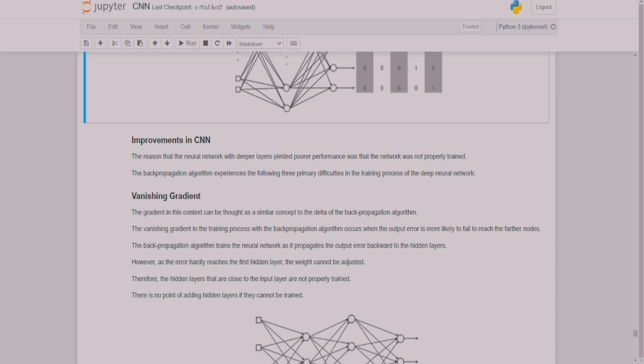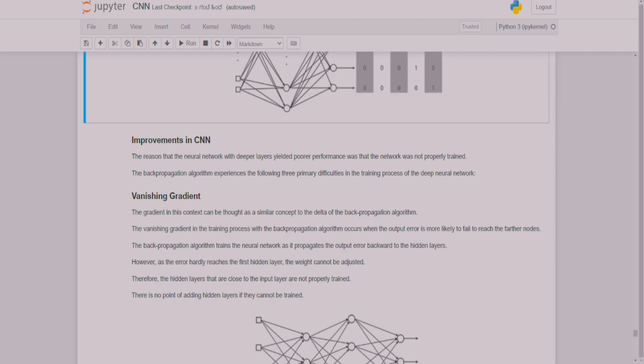Okay, so recall the equation. Wij equals Wij old plus, it can even be minus, doesn't matter, delta W. That delta W is nothing but alpha times delta times X. So just recall, there is a delta coming into the picture.